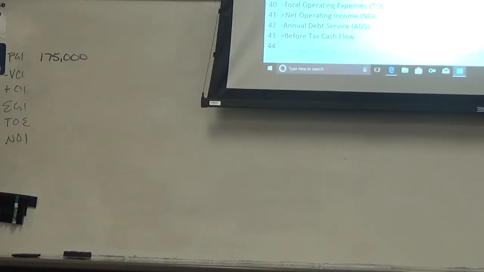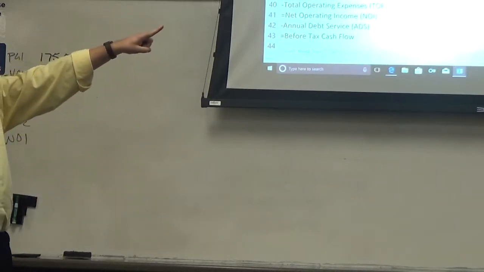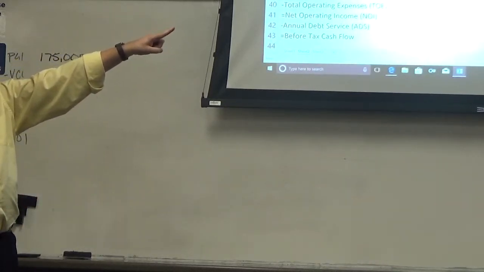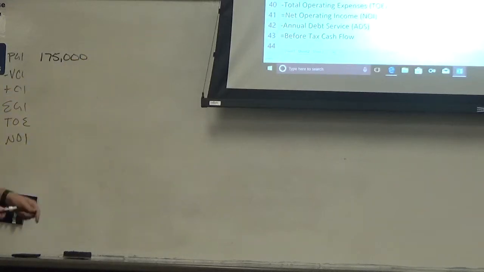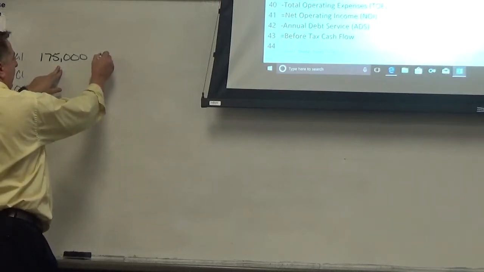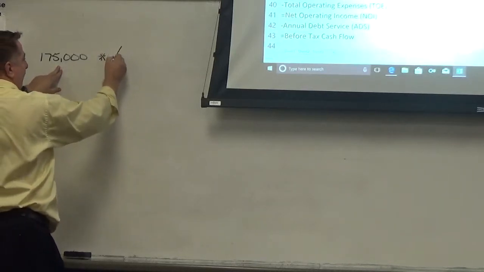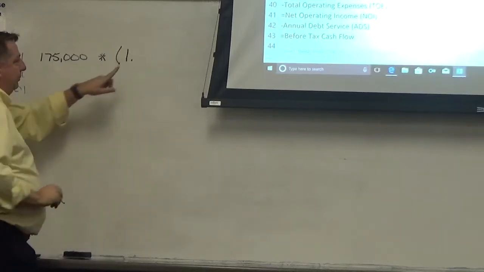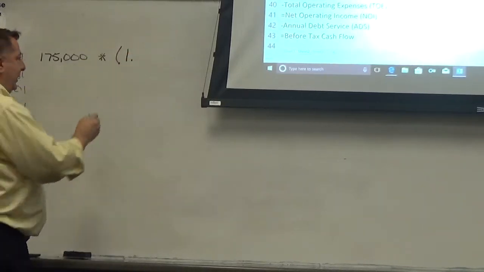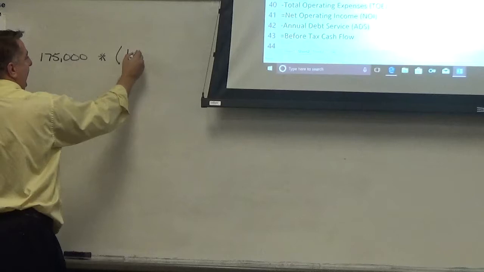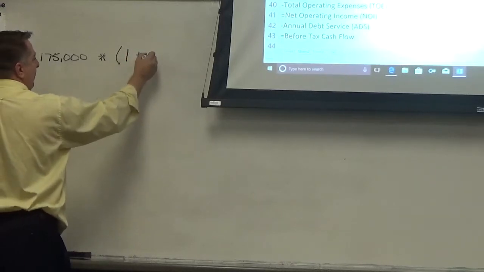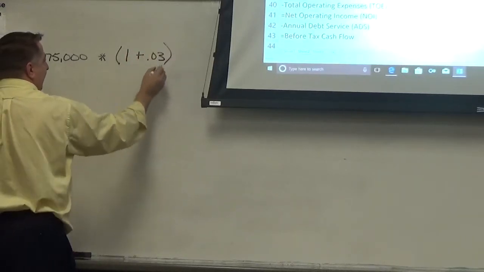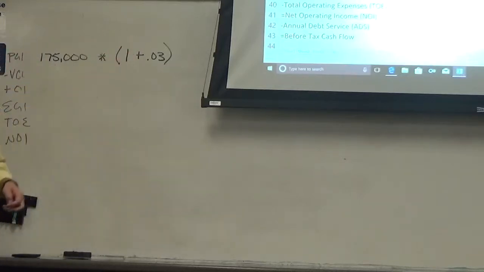Okay. So, to get to the second column, year 2, the math is to take the first column and multiply it by 1 plus the growth rate. In Excel terms, that's 1 plus the growth rate of 0.03, and that gets you to the next column.